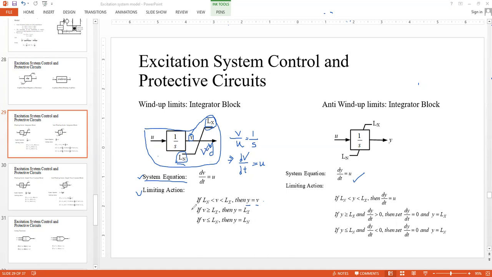The limit will be imposed when any of the limits is actually hit by V, because V is unconstrained.